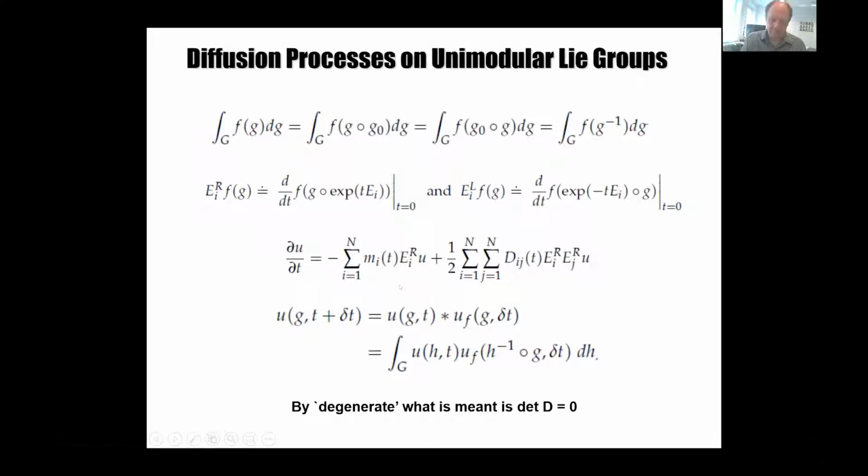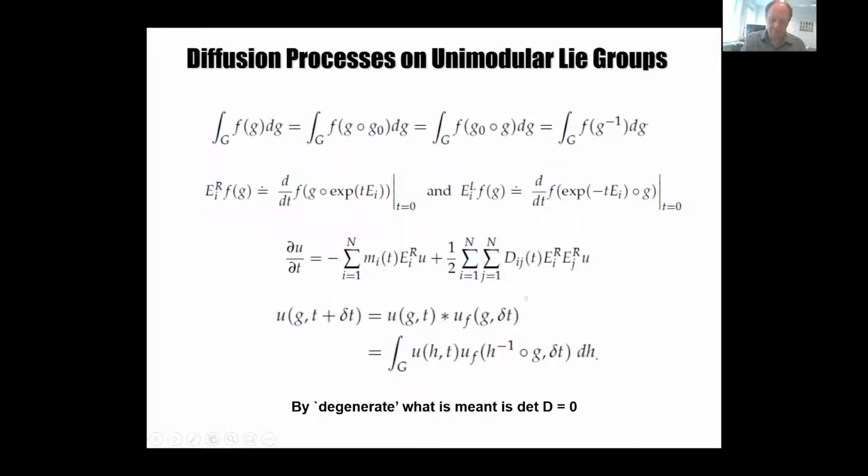And if we want solutions to a system like this, subject to, say, Dirac delta function initial conditions, we can get it in a numerical sense by iterative convolution on the Lie group. And what I mean by a degenerate diffusion is that this matrix of diffusion coefficients has determinant 0.